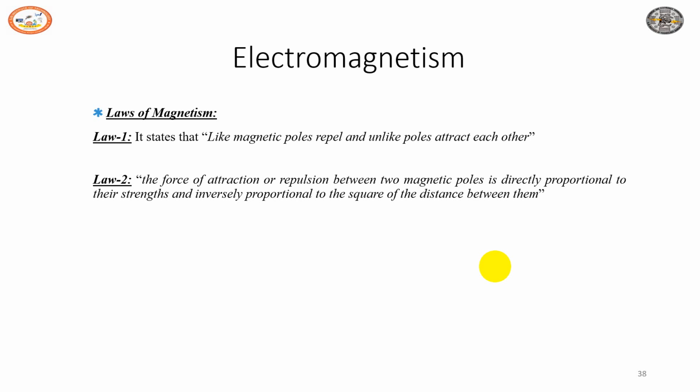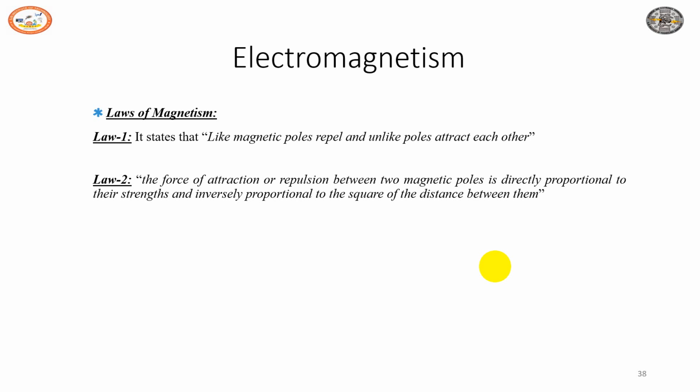That means you are magnetizing those materials. The strength of such an electromagnet depends on the number of turns in the coil and the magnitude of the current passing through it.